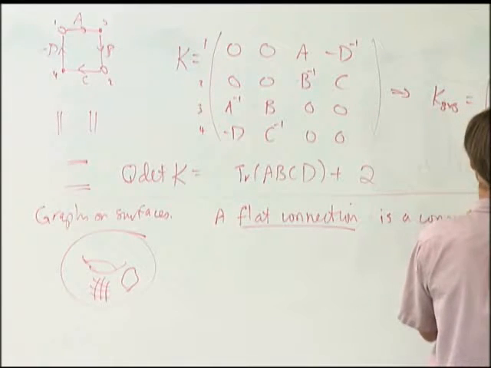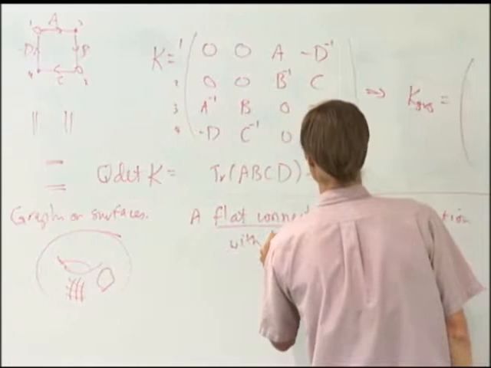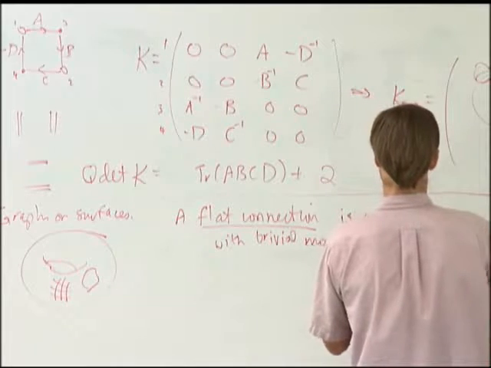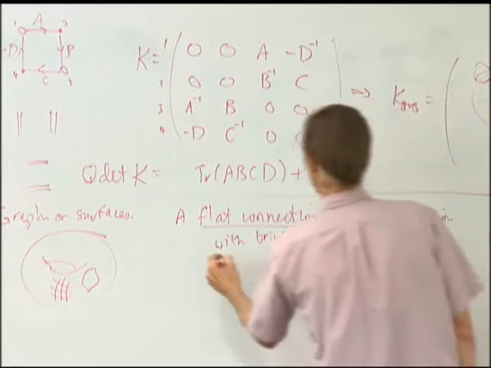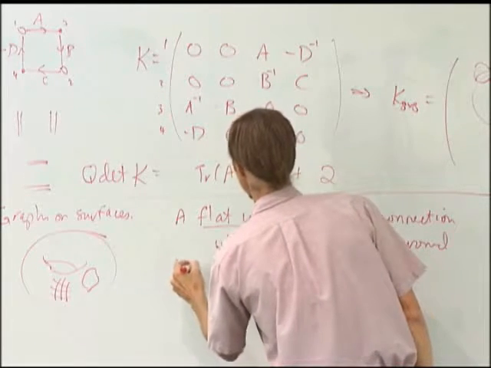And these are the ones we're going to be interested in, with trivial monodromy around topologically trivial loops.